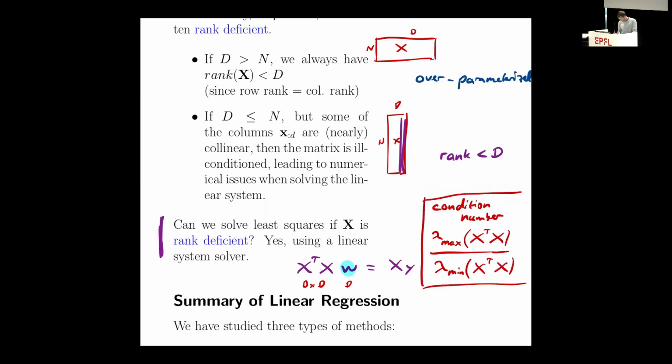I'm just giving you this quantity and telling you that this quantity is telling you how quickly the linear system solver is going to be finding a solution. And also here you see that this condition number becomes infinite because lambda min here becomes 0 if you don't have full rank.